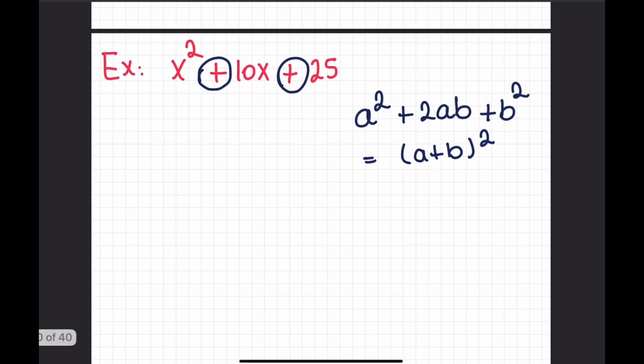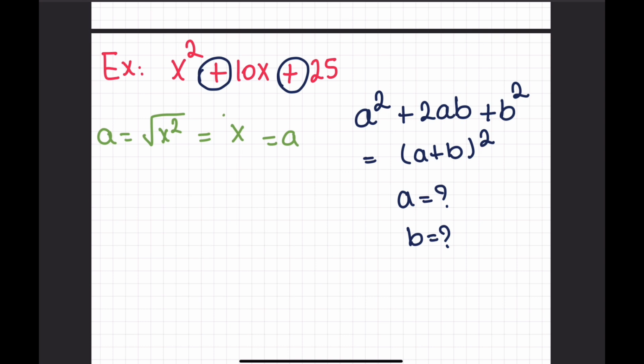I have to find my a and my b. I can see x squared is the same as a squared. To find a, I need the square root of x squared, which is x. This is my a.